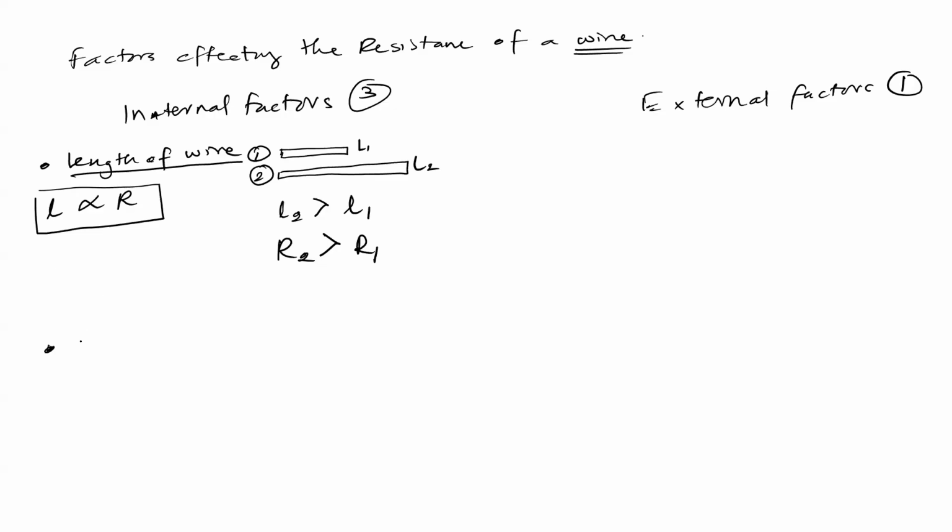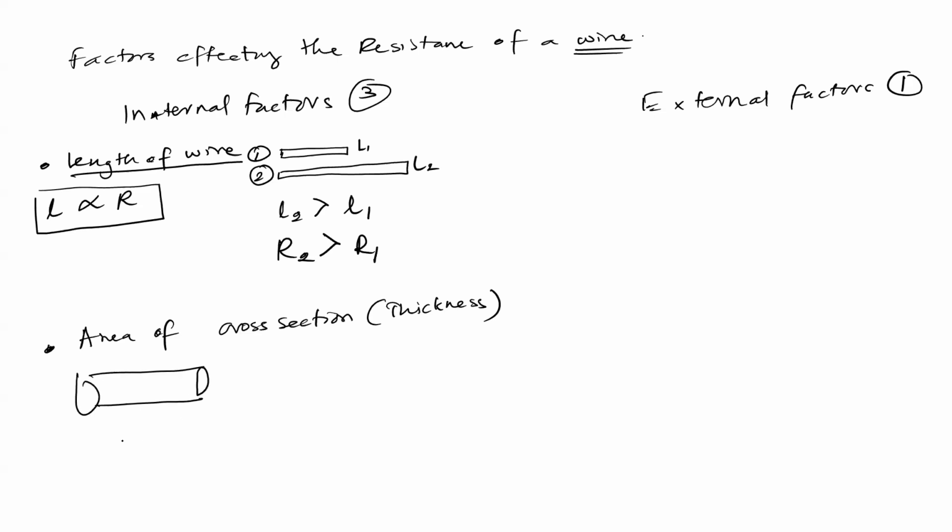Then the second one is area of cross section. In other words, you can say thickness of the wire. So if you take two wires, same length, but one wire is thick. Let's say this is wire X and this is Y. Y is thin, X is thick.